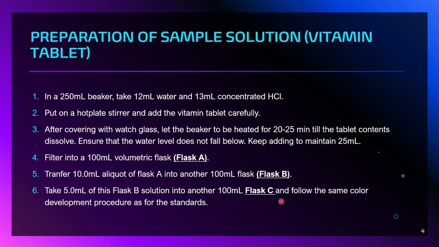This is termed flask C, and now you need to wait, because you have to determine the volume of sodium citrate added into this flask C. After adding only 5 ml of the flask B solution into flask C, you need to stop yourself here.